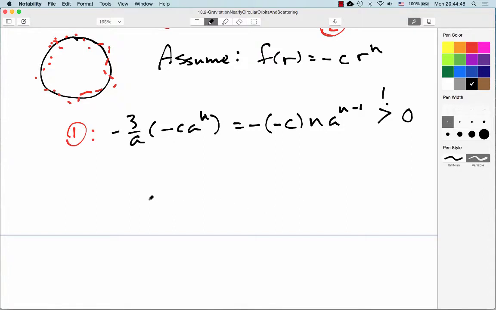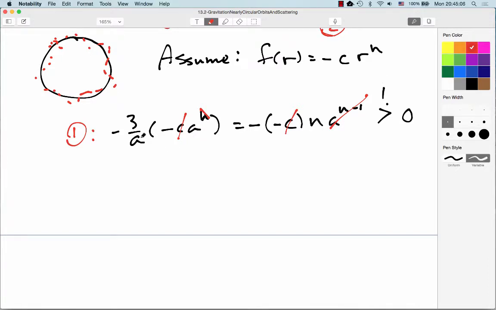To have stability. All right, so it turns out we can cancel all but one power of a there, and we can just cancel our c's.